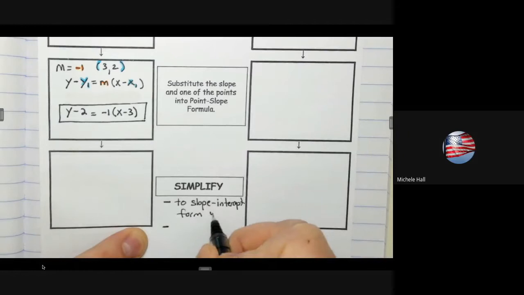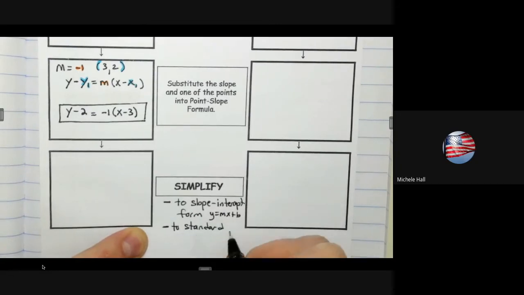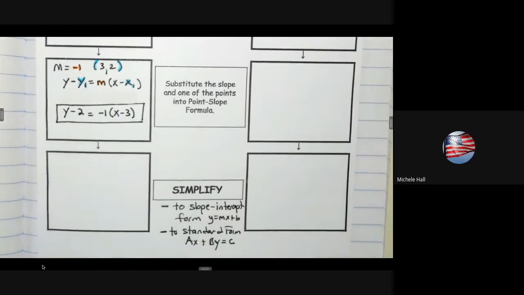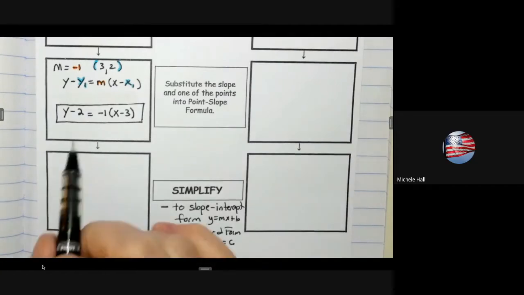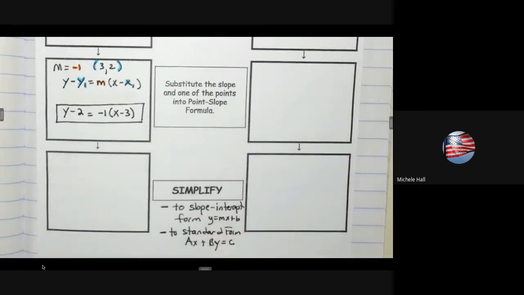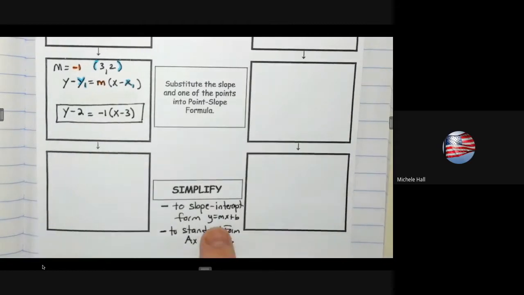So slope-intercept form would be y equals mx plus b. And standard form is ax plus by equals c. So you've got to make sure that you read the directions. If it doesn't say to simplify to any particular form, then your final answer can be right here in point-slope form. We're going to practice today simplifying this into slope-intercept form.